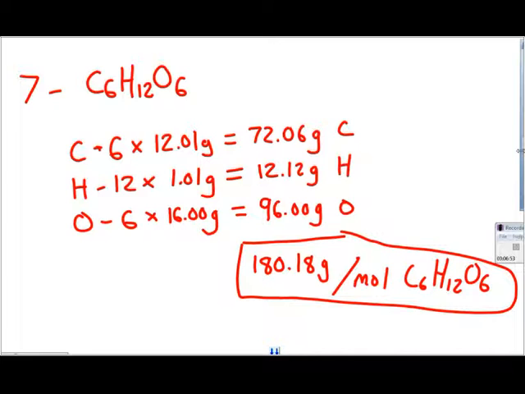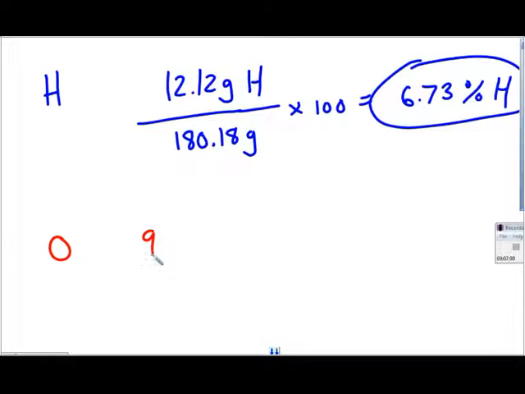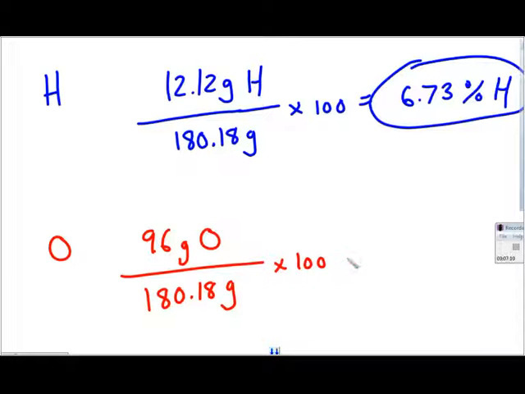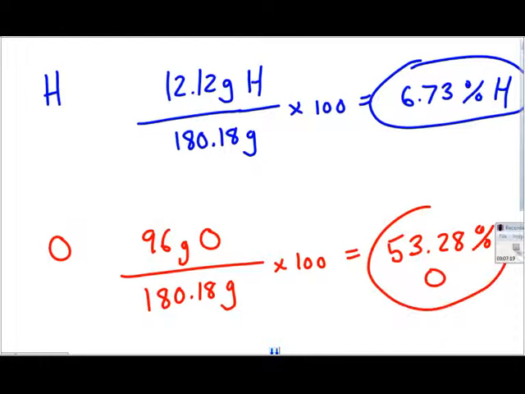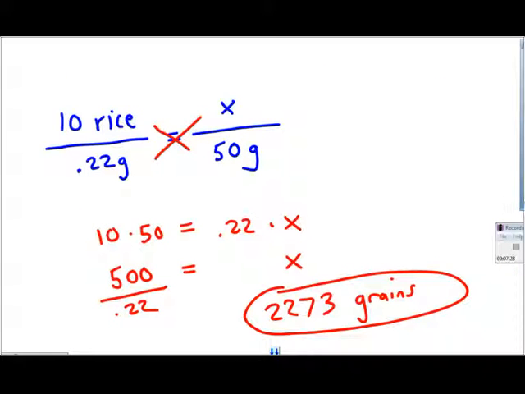So 96 grams divided by the whole, multiply by 100, convert to percent, and I find it's 53.28% oxygen. So if I add up 53.28 plus 6.73 plus 39.99, they add up to 100%. That makes sense. All the parts of a substance should equal 100%.